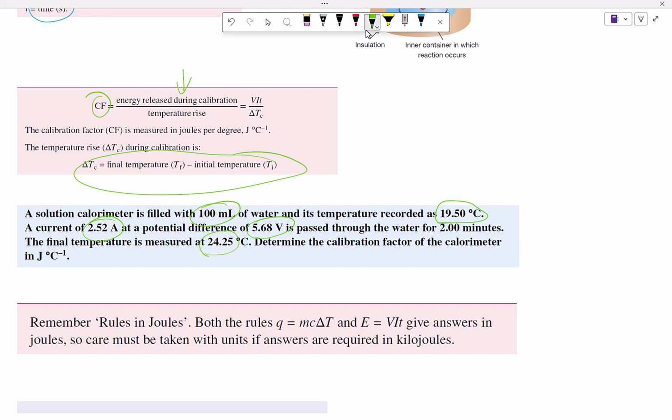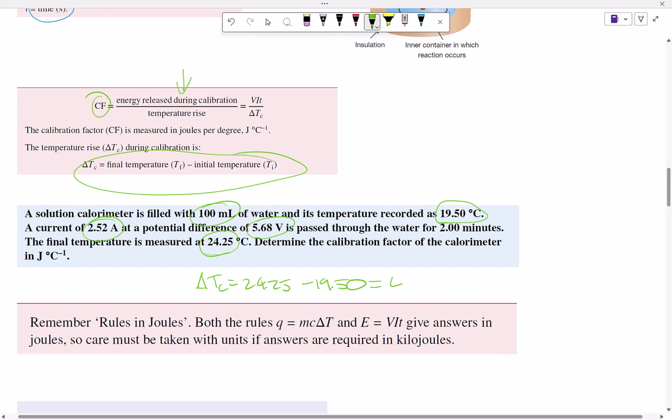So remember, our delta T is going to equal the final temperature, 24.25, minus 19.5. That will give us 4.75.